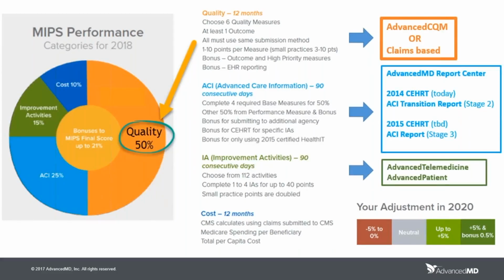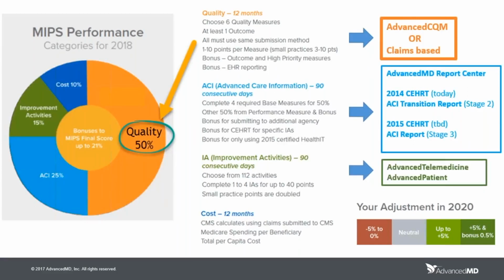The total per capita, patients are attributed to the provider with the plurality of primary care services provided. And for the MSPB, a hospitalization episode will be attributed to the provider with a plurality of services provided during the episode. For our webinar today, the focus is the quality category.